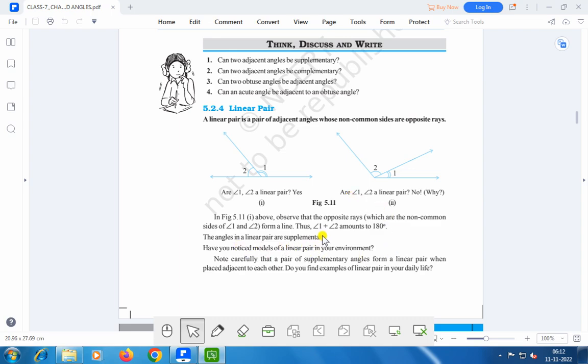That means the angles in a linear pair are always supplementary, that means 180 degrees. Here you see angle 1 plus angle 2 is equal to 180 degrees. Note carefully that a pair of supplementary angles form a linear pair when placed adjacent to each other.